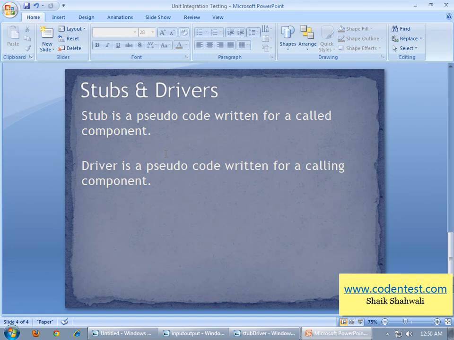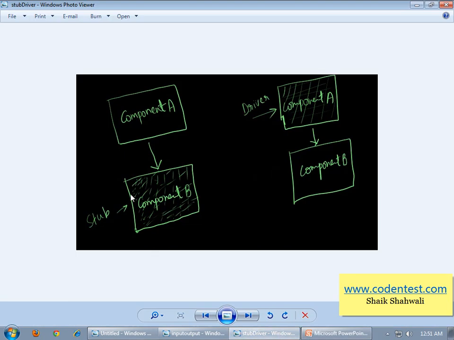Stubs or drivers are prepared. Now stub is a pseudocode written for a called component. Let's assume there are two components, component A and component B. There are a few fields in component A that depend on component B in order to work correctly.